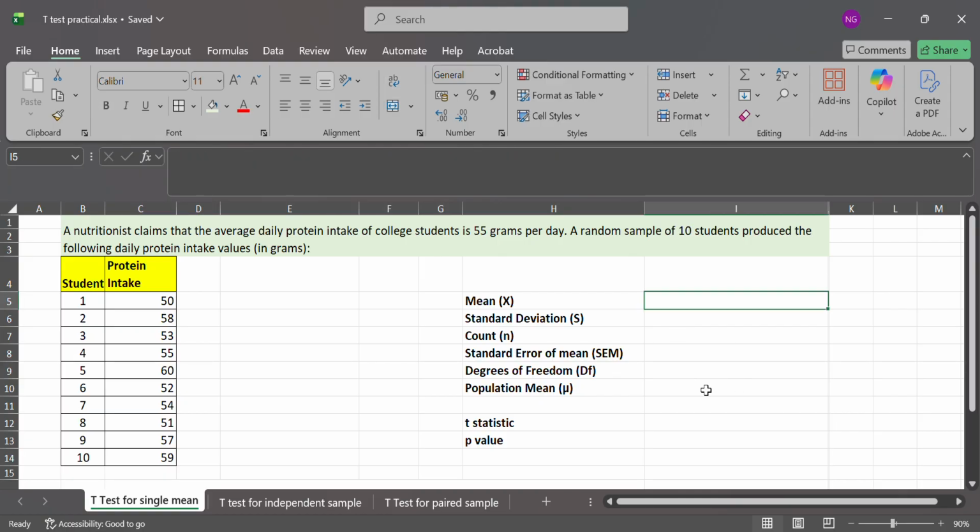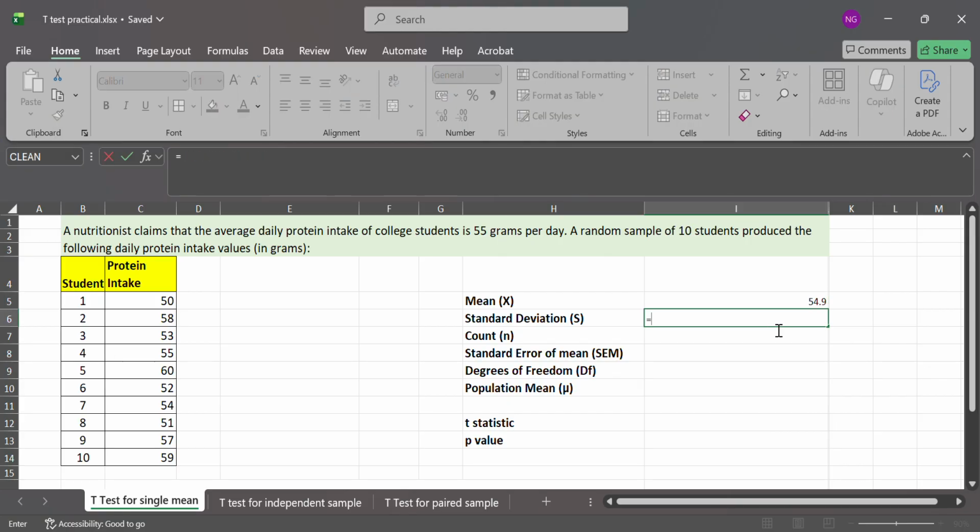First we are going to calculate the sample mean, for which the formula is AVERAGE. You have to write it in capital letters, average, bracket open, and I'm going to select my cell values and close the bracket, press enter. So you get the mean value.